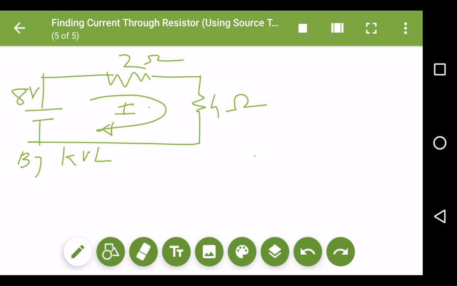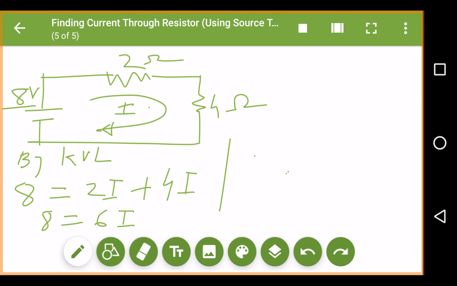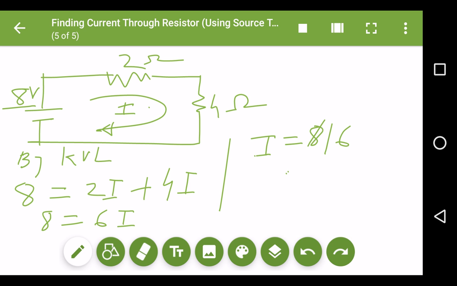So start your equation of KVL from the battery, that is 8 volt. So 8 equals 2 into I plus 4 into I. So it comes out to be 8 equals 6 I. Therefore I equals 8 upon 6. 2 fours are 8, 2 threes are 6.